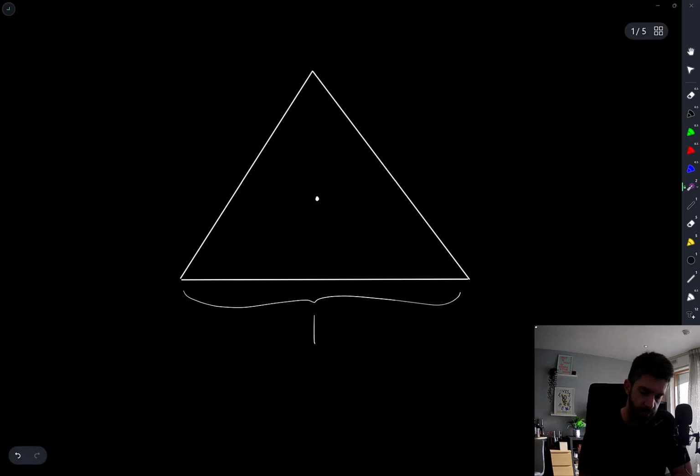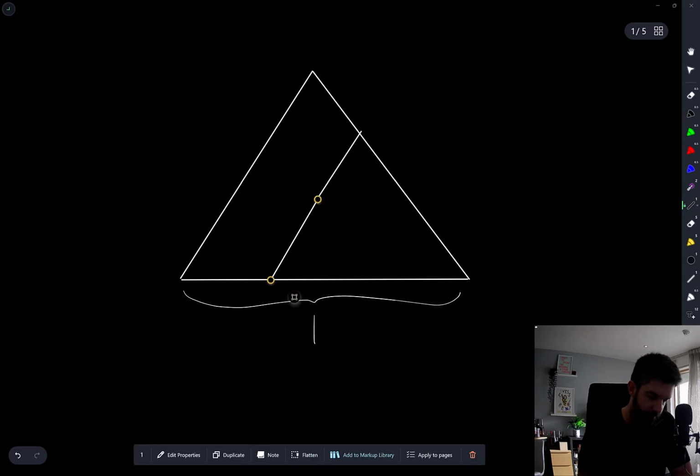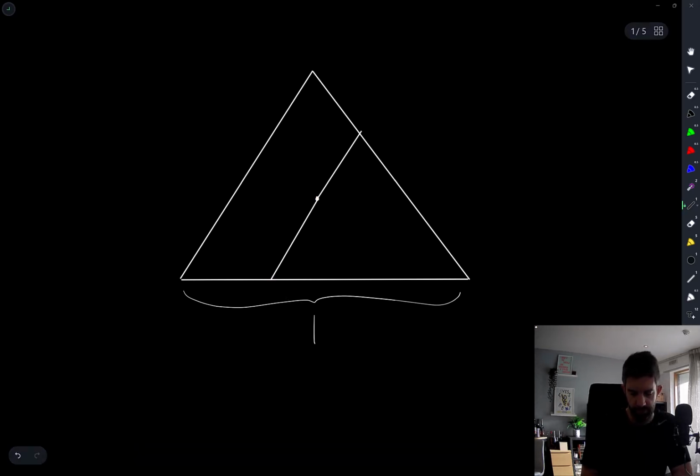So I'm pretty sure it's just going to be the straight line which is parallel to that base. I'm going to go with that and just assume that that's the correct answer.